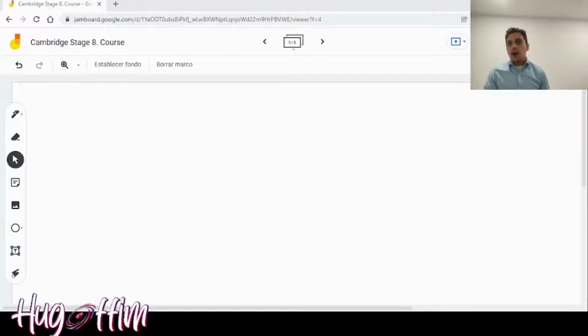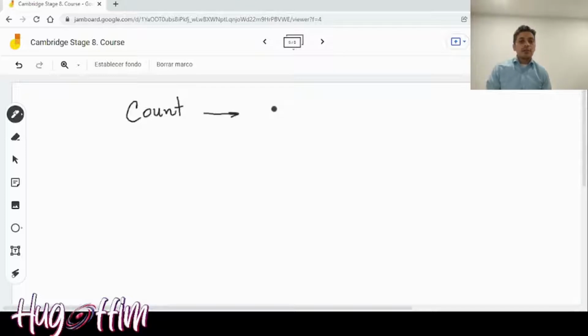So, what is the first thing that we learn when you're a kid? The first thing that you learn is how to count. You start learning the numbers we use to count, and the numbers we use to count are 1, 2, 3, etc. Right?